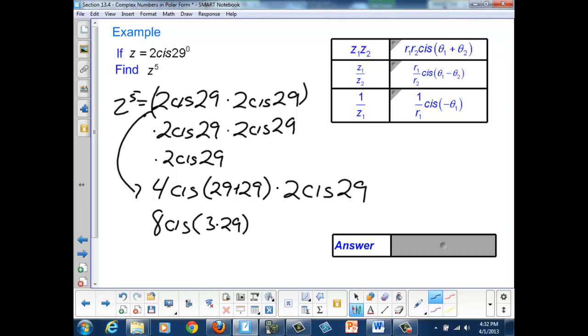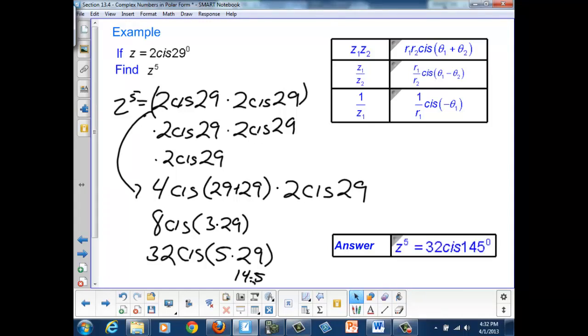And if I do that 2 more times, I'll multiply 8 by another pair of 2s, so I'll end up with 32 cis, and I'll add 5 29s before I'm done. So 5 times 29 is 145. So my answer should be 32 cis 145.